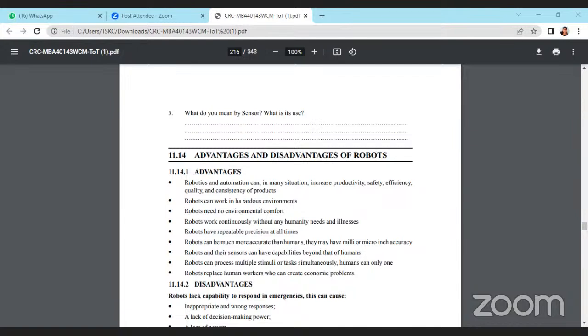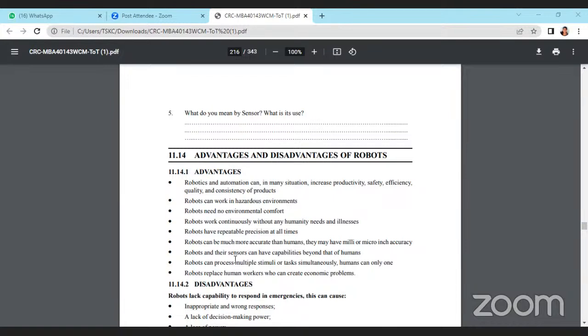And robots can even work in a hazardous environment, and there is no need of environmental comfort. There is no such hard and fast rule for them. And robots work continuously without any human needs and illness.